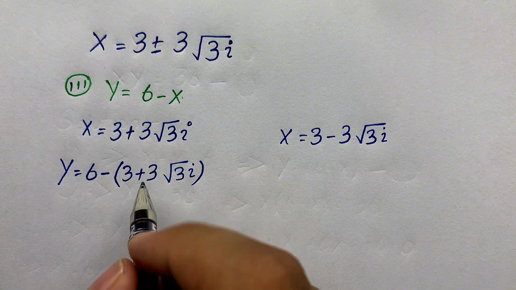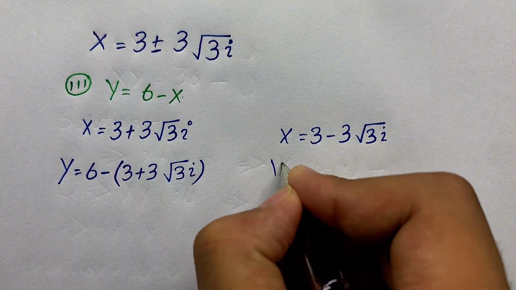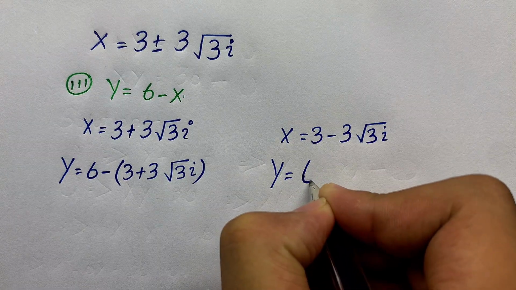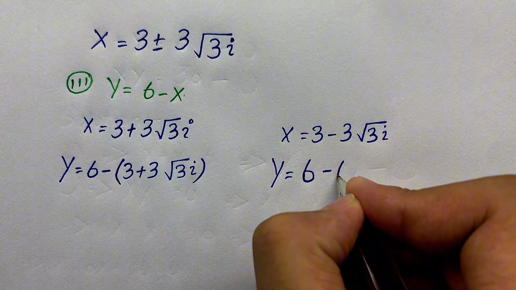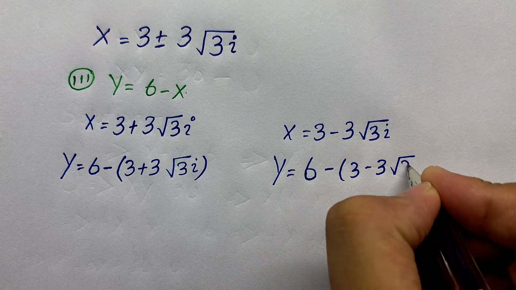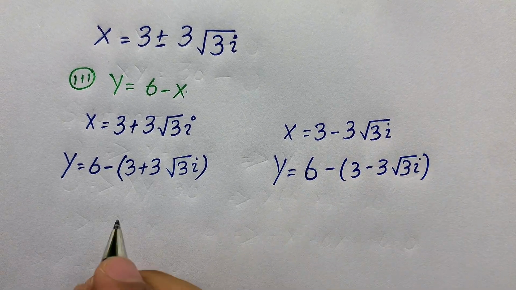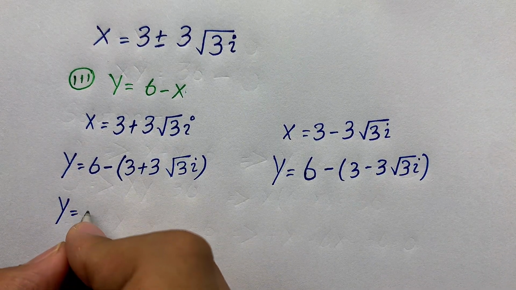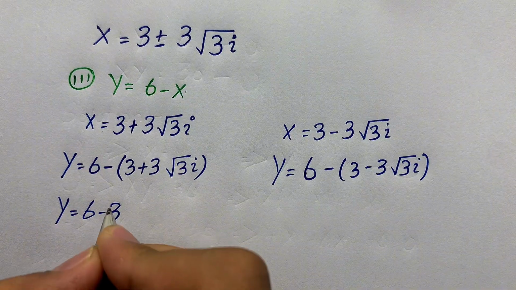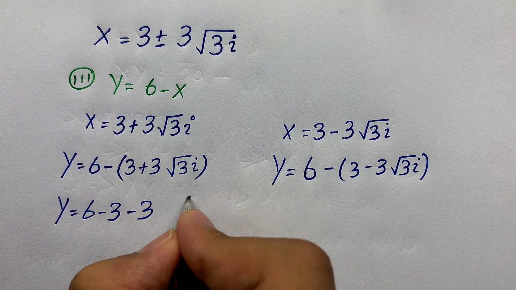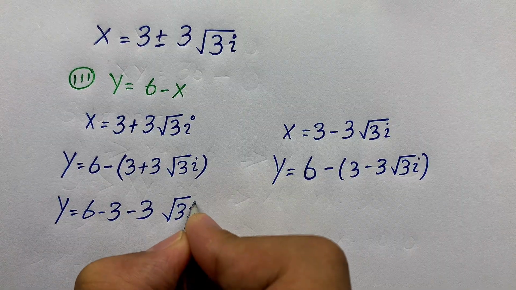This is our value of x, and this will be y is equal to 6 minus 3 minus 3 into square root of 3 iota. Now solving this, y is equal to 6 minus 3 plus 3 into square root of 3 iota.